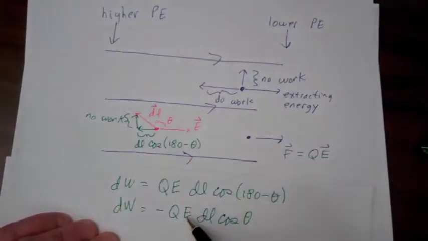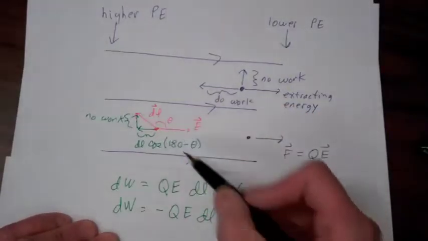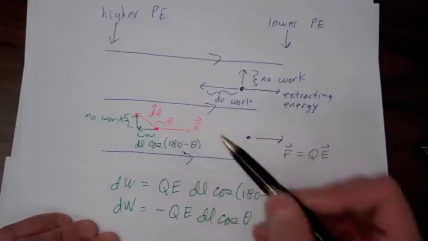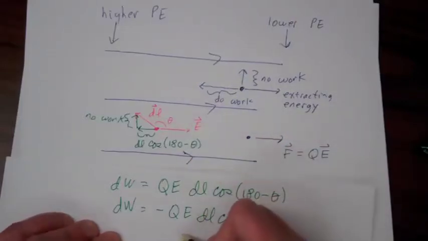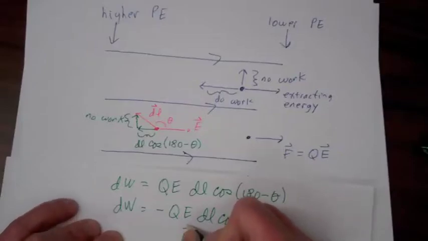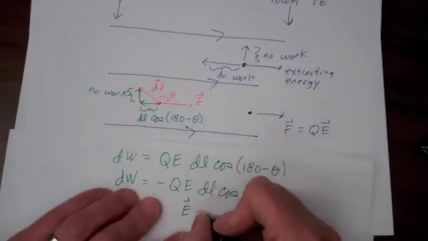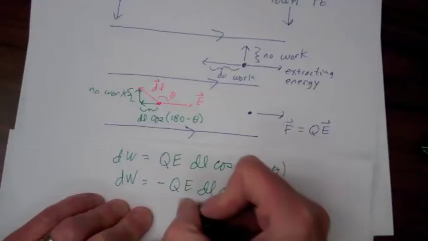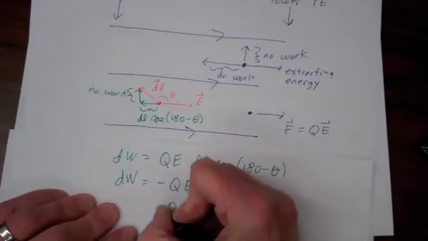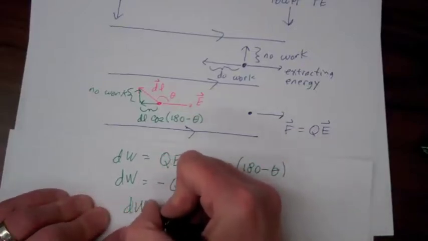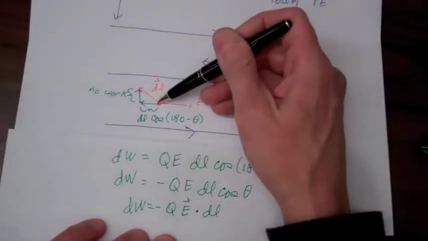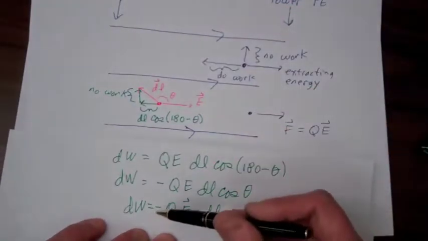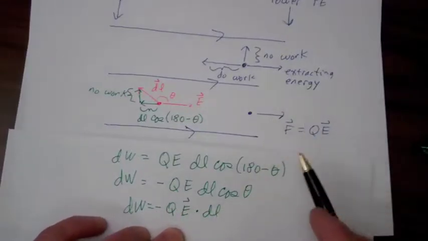So we have the magnitude of the electric field times the magnitude of our displacement times the cosine of the angle in between them. That's just the definition of the dot product between the electric field intensity and our displacement. So the work involved in moving along this displacement dl is minus Q E dot dl.